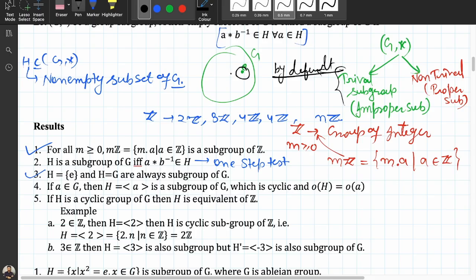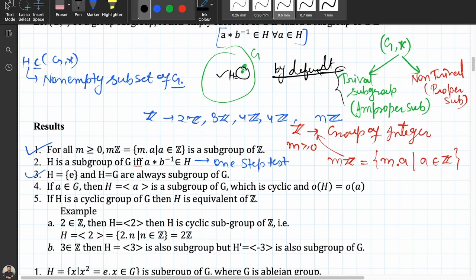Let's say this is H, a subset of G which contains only the identity. Now from here I can say this is a set which satisfies all those properties. First, closure. One thing: identity is unique for any group. There do not exist two identities for a group. Identity is unique for a group, but inverse is different for each and every element.